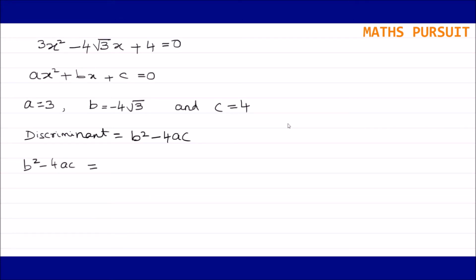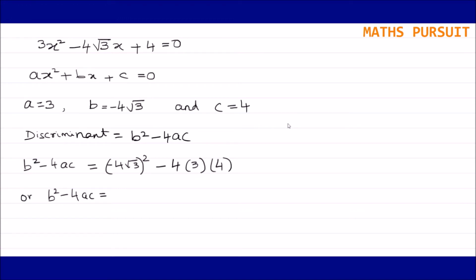Here the b value is −4√3, so b² is (−4√3)², minus 4 into a, where a is 3, and c is 4. I have replaced the values with what we got above. b² − 4ac is equal to 4√3 times 4√3, that means 4 into 4 into 3, since √3 times √3 is 3.